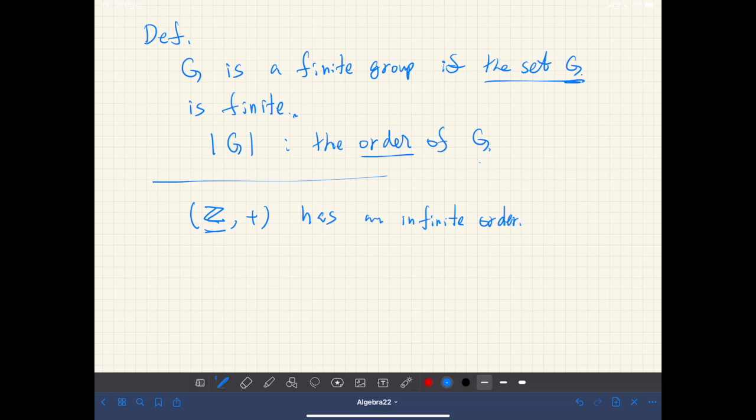That means this set has infinitely many elements. And similarly, the set of non-zero rational numbers with multiplication has an infinite order.